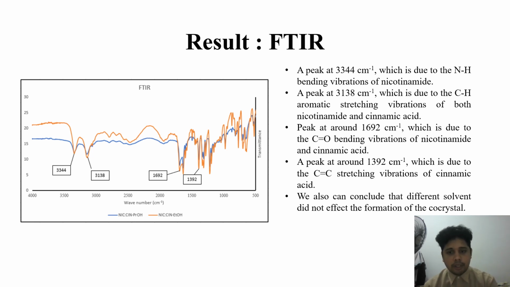A peak at around 1692, which is due to the C=O bending vibration of nicotinamide and cinnamic acid, and a peak at around 1392, which is due to the C=C stretching vibration of cinnamic acid. From this result, we can also conclude that different solvents did not affect the formation of the co-crystal.